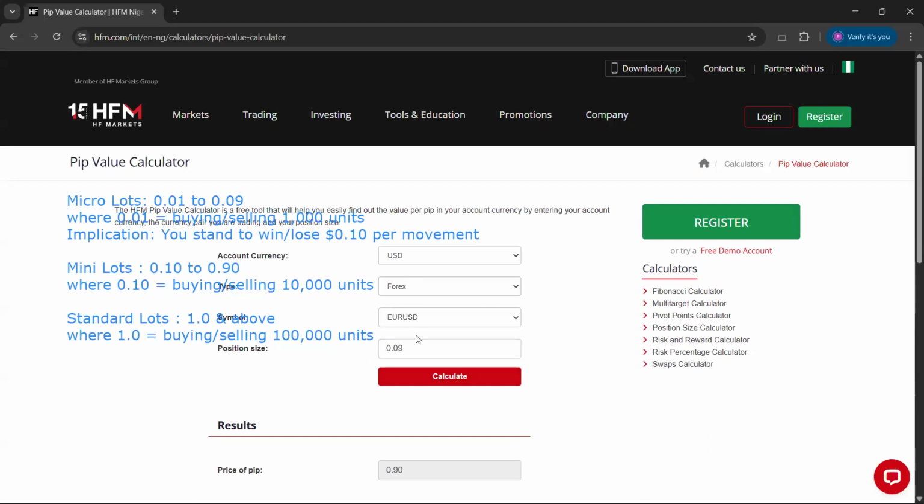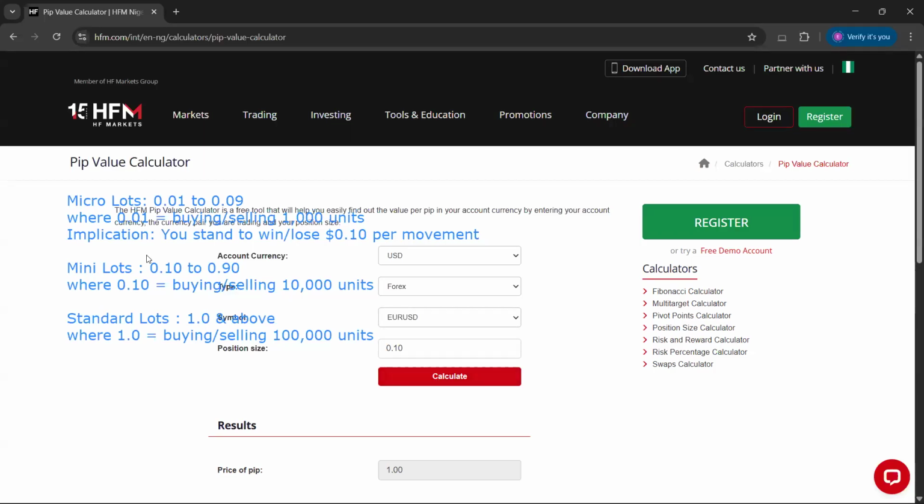Now, the moment you cross into the mini lot territory, 0.10, this takes you to a full dollar per movement, one full dollar for every movement that we have on the board if you're trading the mini lot.